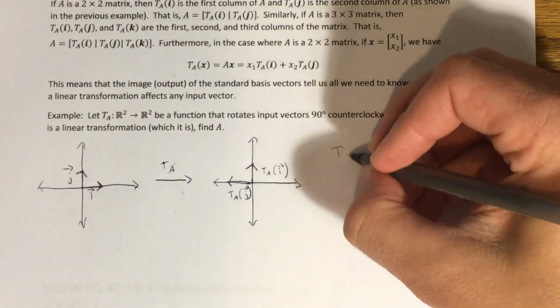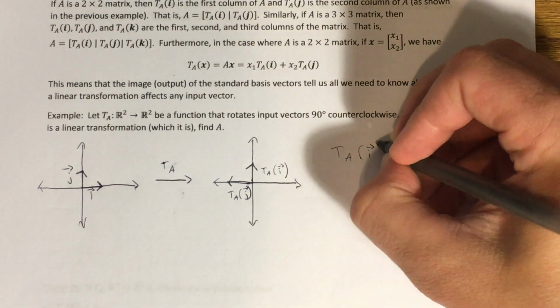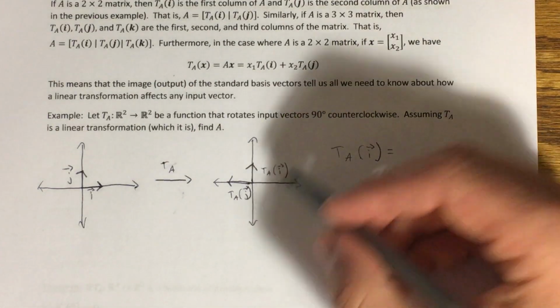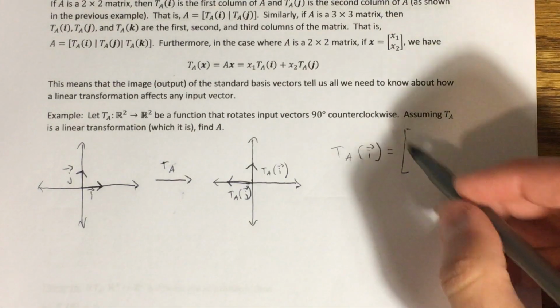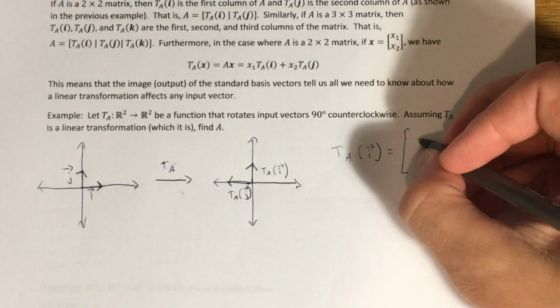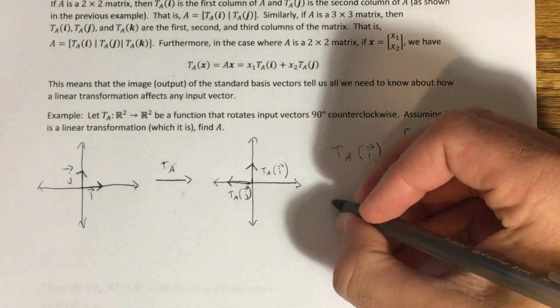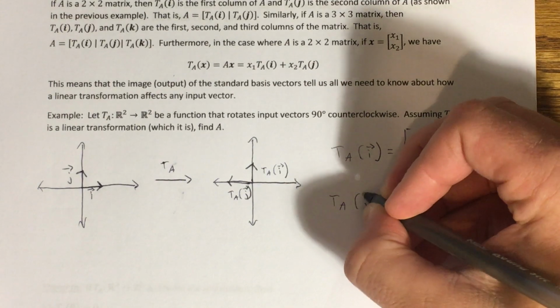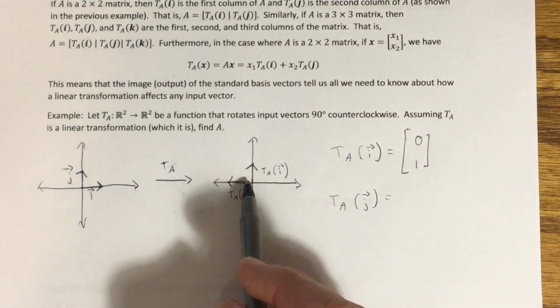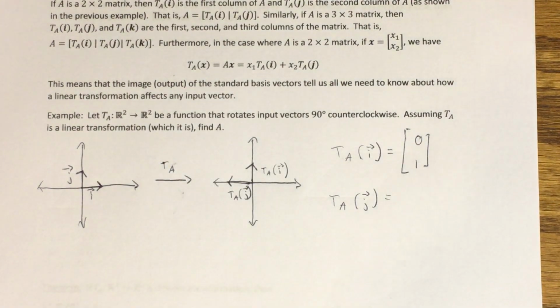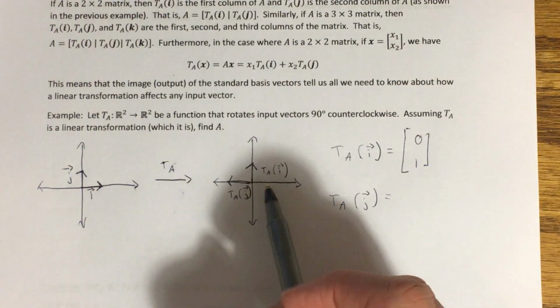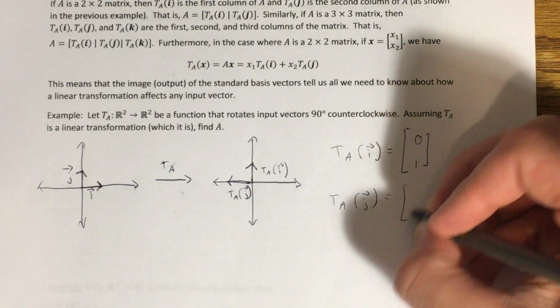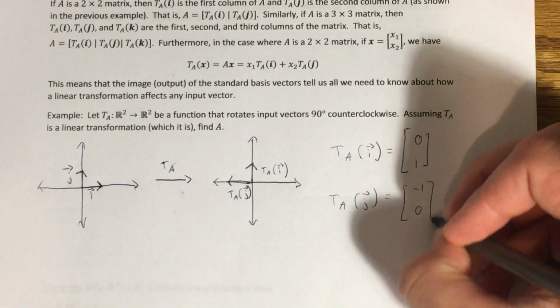But that means T_A of i is equal to, in component form, which we're going to write as a column vector, (0, 1). And T_A of j, based on where I just sketched this, remember it still has a length of 1, because all I did was rotate that vector. It's now going to have component form (-1, 0).